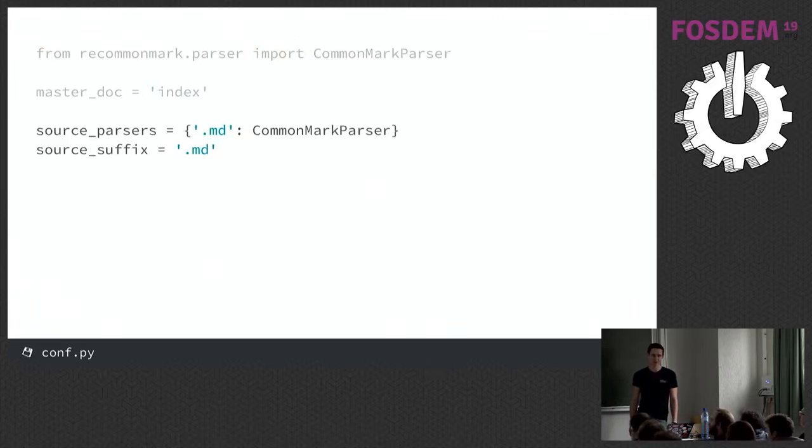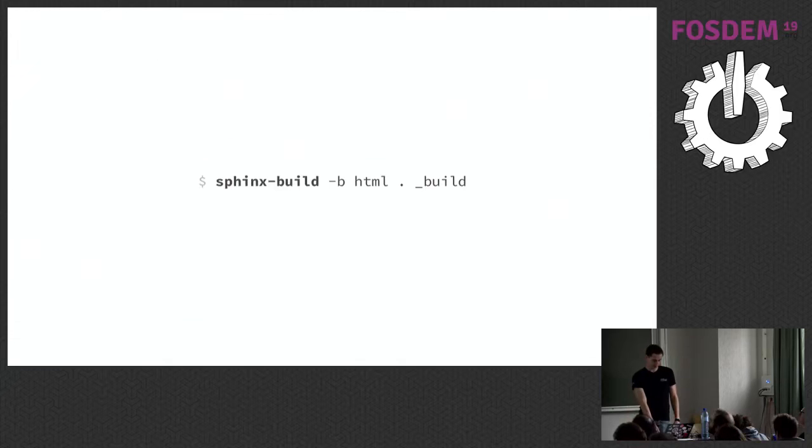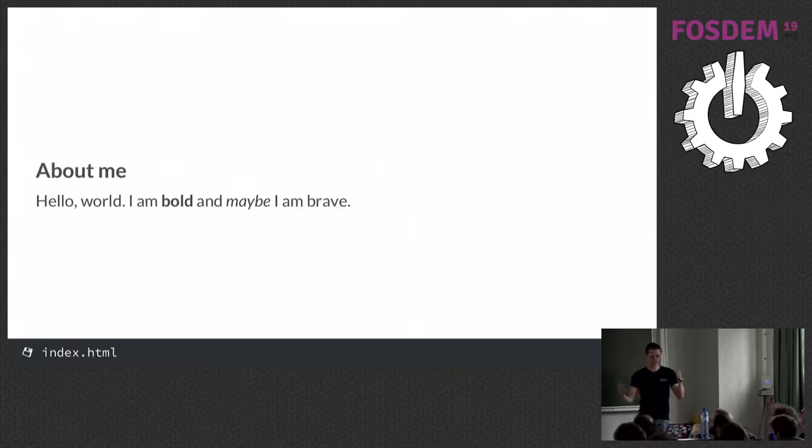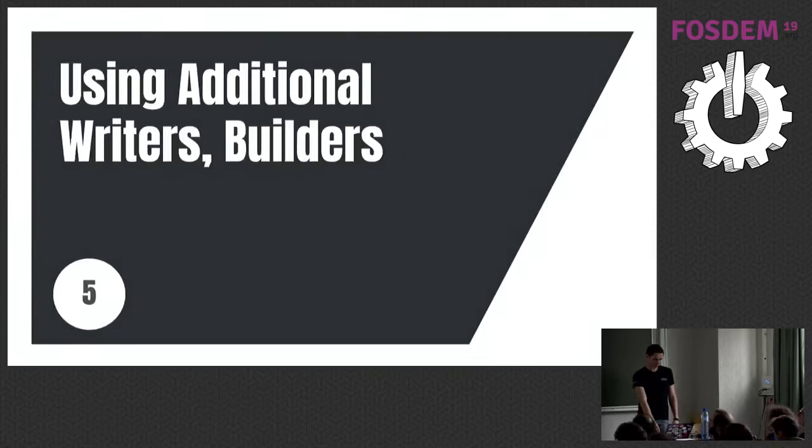This is all documented as part of the recommonmark package itself, and also the Read the Docs website has some really good documentation on this. But in summary, it was just saying that Markdown files should be parsed with this commonmark parser. And we're going to build to HTML, and it's going to give us the exact same thing. So that's the input side of things.